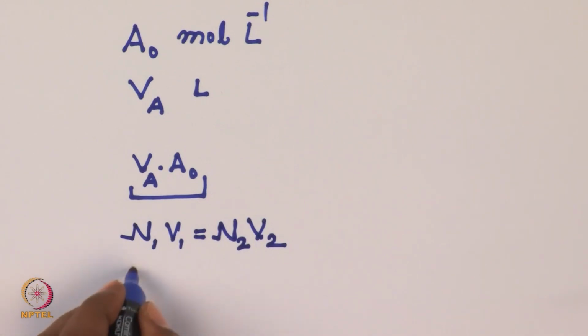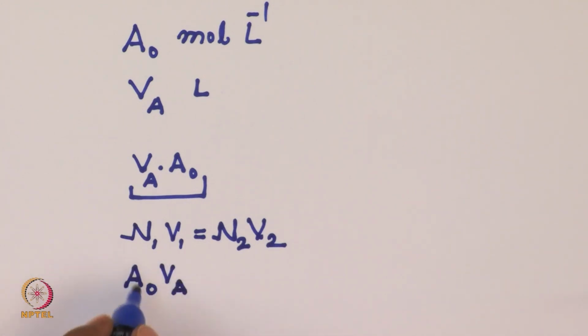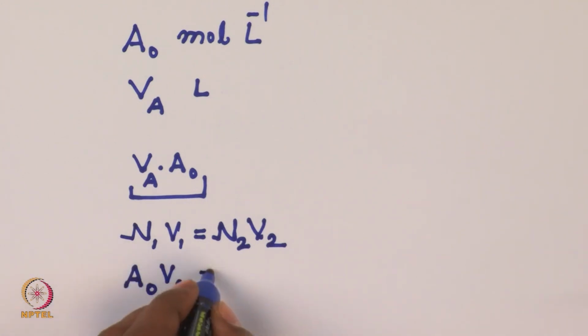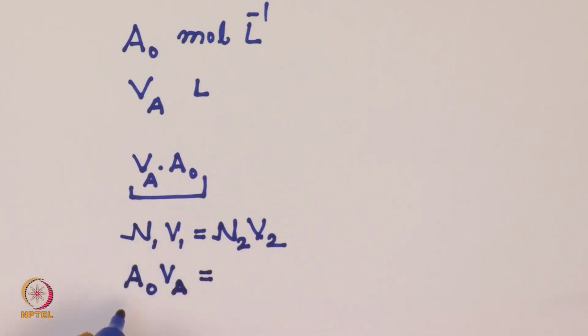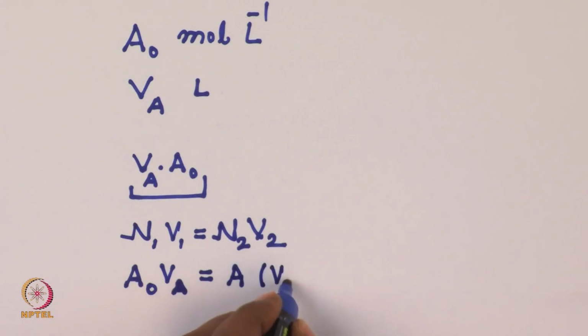So, initially it was A0 and we took VA centimeter cube of the acid, this has to be equal to, if the final amount is A and the total volume is VA plus VB.